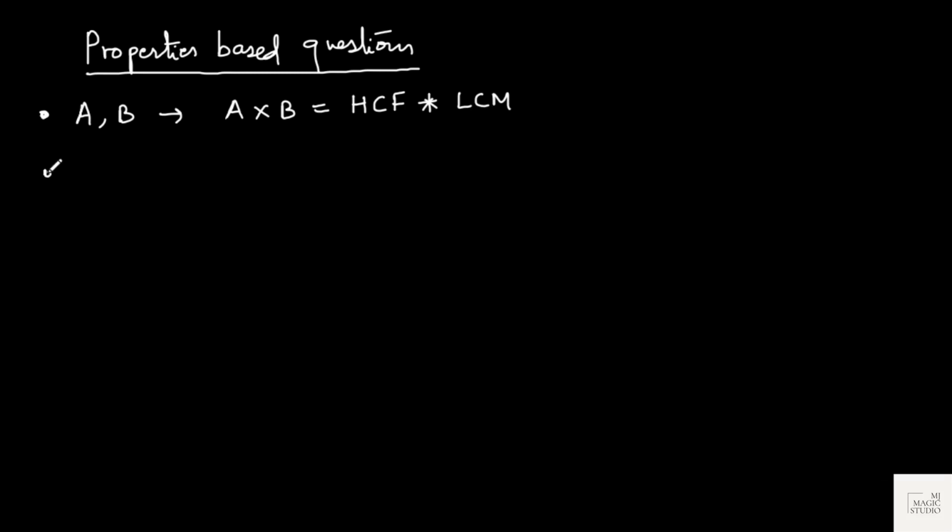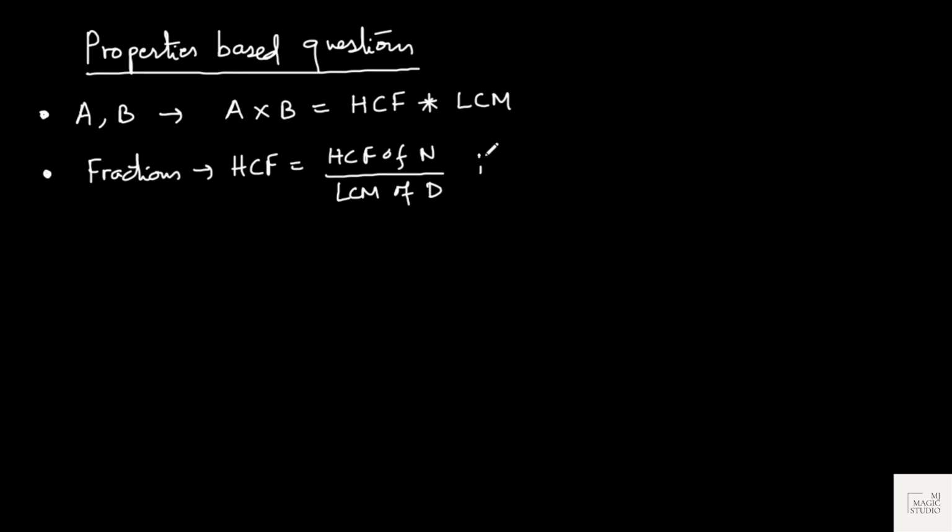In case of fractions, if fractions are given, then HCF of the fractions is HCF of numerators divided by LCM of all the denominators, and LCM of the fractions would be LCM of numerators divided by HCF of denominators.